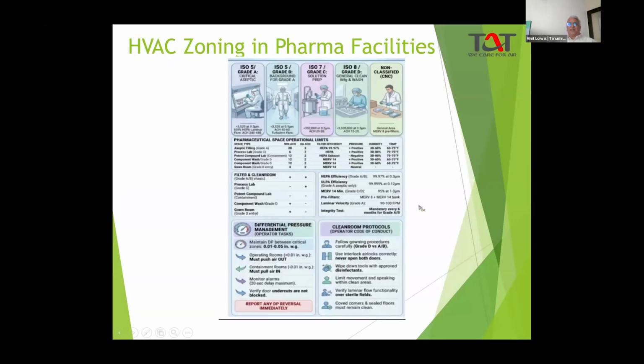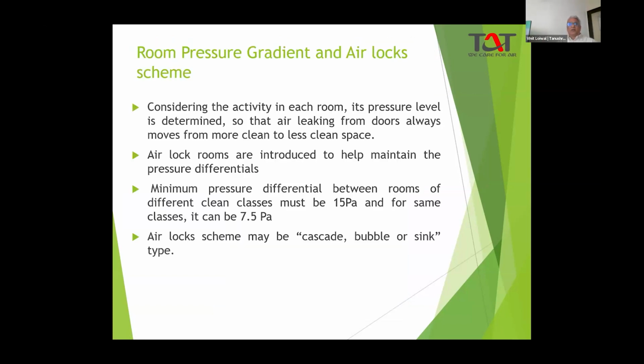Grade A aseptic area, grade B, grade C, grade D, grade E: all these have to be taken into account while designing the clean room. Considering the activity in each room, the pressure level is determined. The air leaking from the door always moves from a clean to a less clean space.